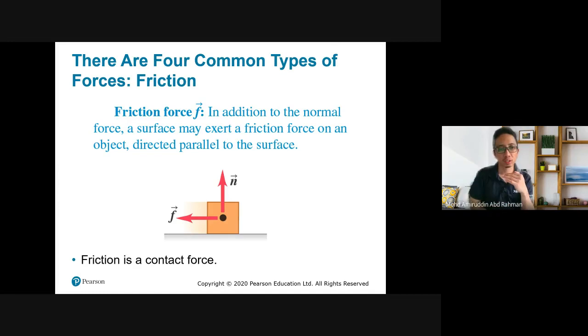It is directly parallel to the surface, in the same direction as the surface. The friction is also a contact force. So we already have two types of force: first is normal, and the second one is friction.